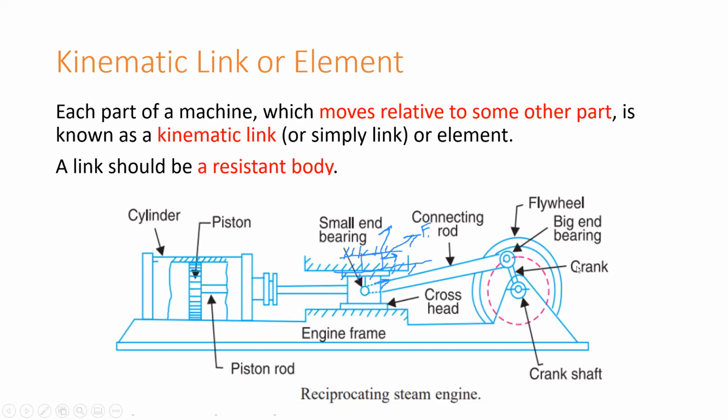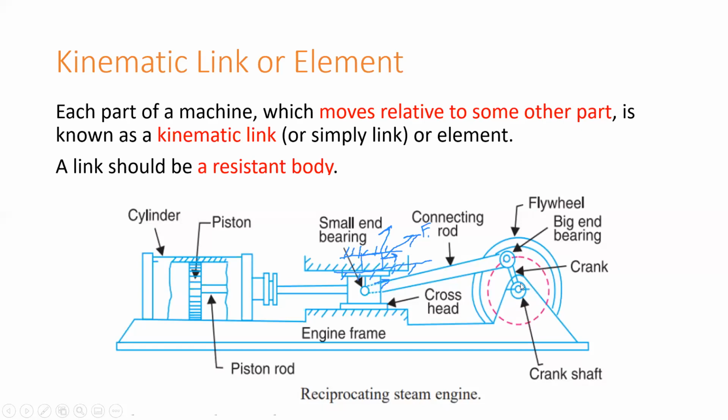And next, the crank and crankshaft. It is one unit only, one link, because they both rotate simultaneously with the same angle. Here, there is a connection of the crankshaft and the engine frame.